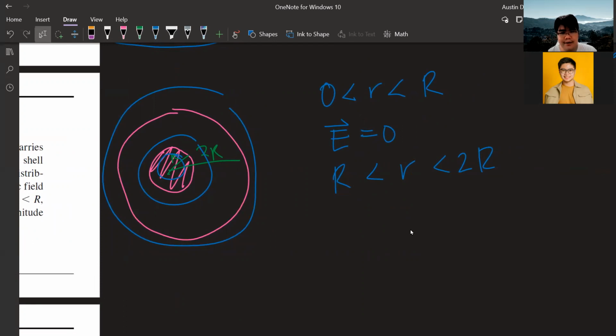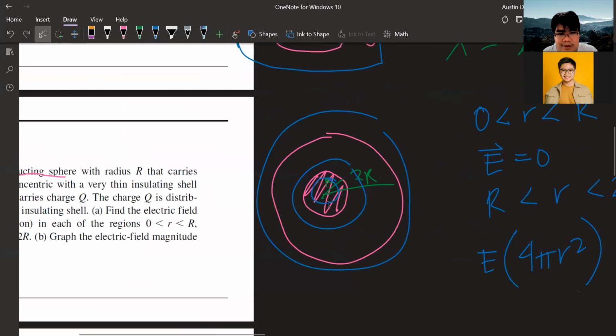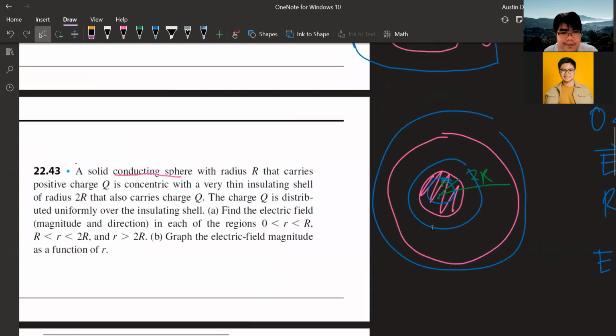Mangyayari ay we do the Gauss's law, E times 4 pi R squared. Tama? Then what would be the enclosed charge? Kung titignan mo, ano ba yung nasa loob? Titignan natin, may positive charge Q doon sa conducting sphere mo.